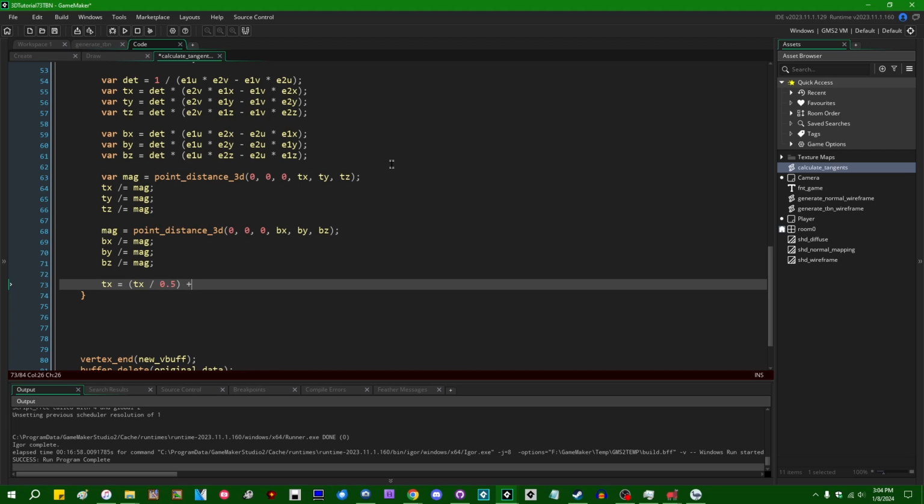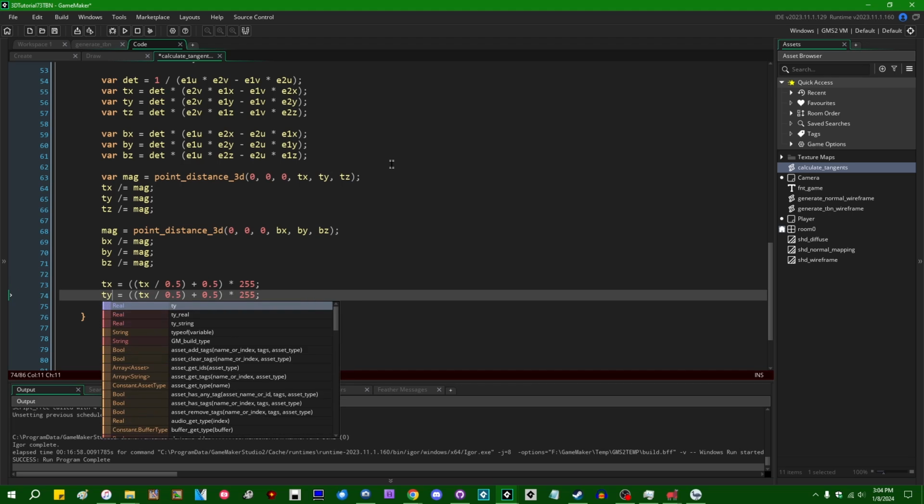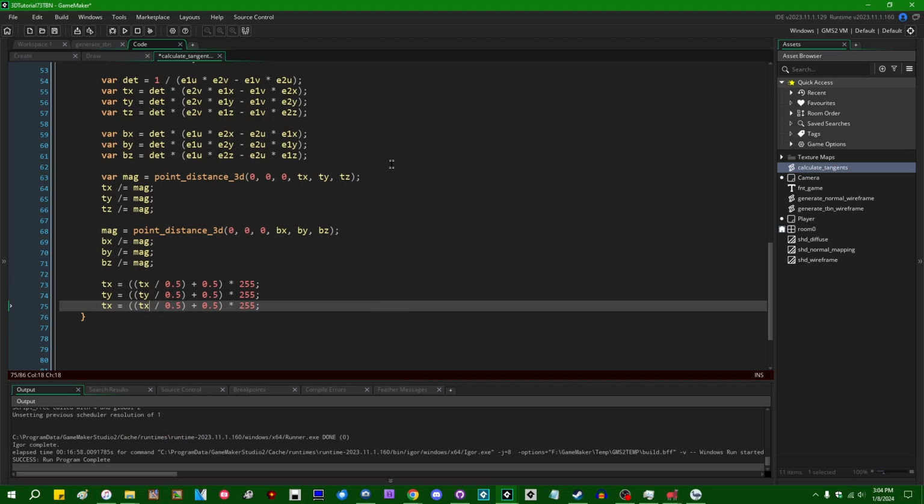I'm going to want to add 0.5, and because GameMaker likes its colors to have a range between 0 and 255 rather than 0 to 1, I can multiply by 255, and same thing for y and z. Like this.